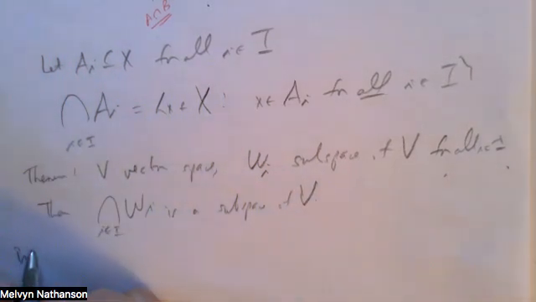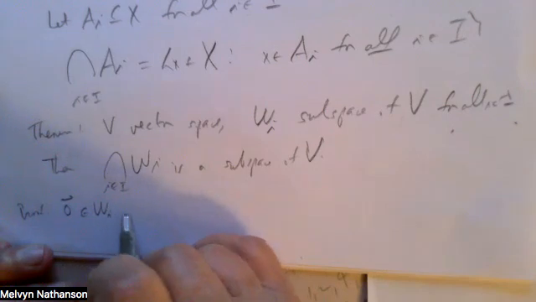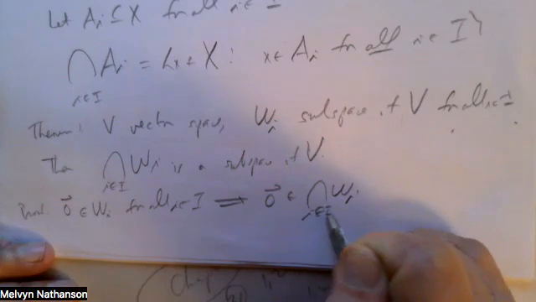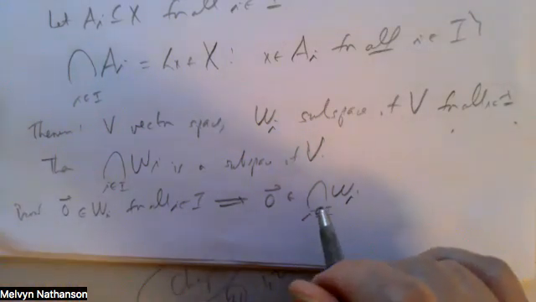And the proof is just a verification. The zero vector belongs to every subspace. So the zero vector is in W_i for all i in I, which means the zero vector is in the intersection of the W_i's. That's the definition of intersection.